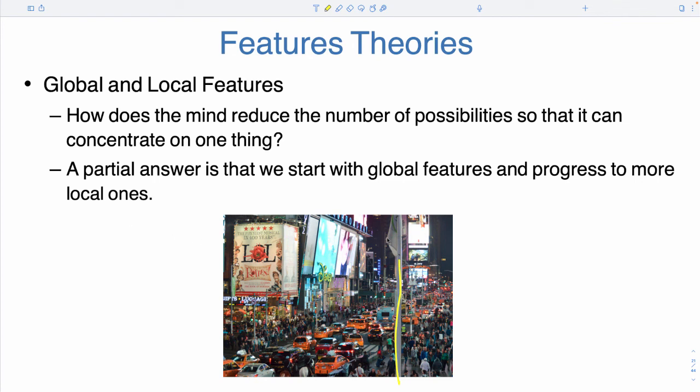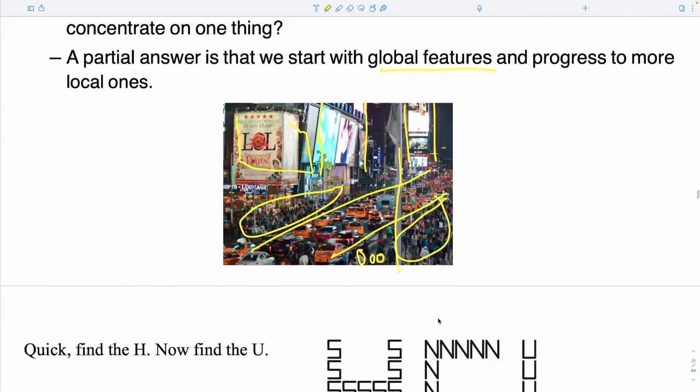Well, a partial answer is that we start with the big picture, the global features, and progress eventually to the more local ones, and then pick out the individual human beings, for example, in this picture. But we first see the big things, the street, the giant neon signs on the buildings, and rather than individual people, the crowd. Those are the global features here.